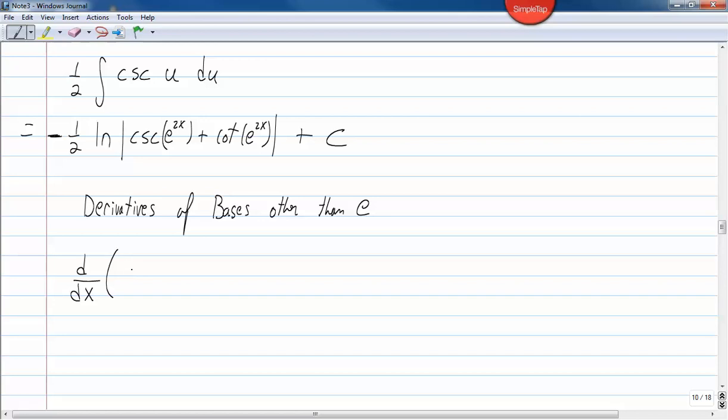If I have the derivative of some positive real number a to the x power, so that could be 5 to the x, 10 to the x, 0.2 to the x, as long as it's not 1, because 1 to the x is just going to be 1, but any positive real number, then the derivative of that to the x power is equal to the natural log of a times a to the x power.